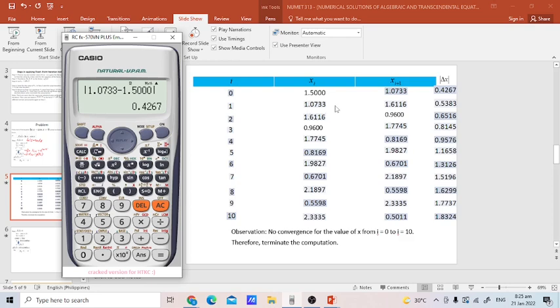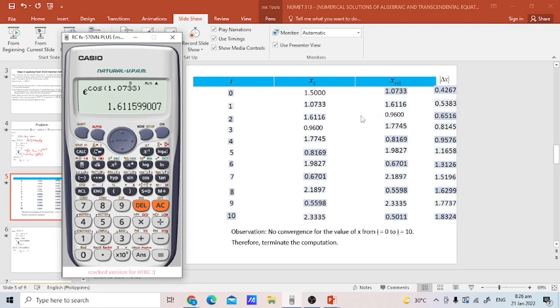So, ibig sabihin niyan, kung ito na yung bagong x sub 1, so yung x sub I plus 1 isa-solve ko. Ganito ulit. E cosine 1.0733. 1.6116. Tapos yung difference ay yun, 0.5383. Tapos palitan ulit.